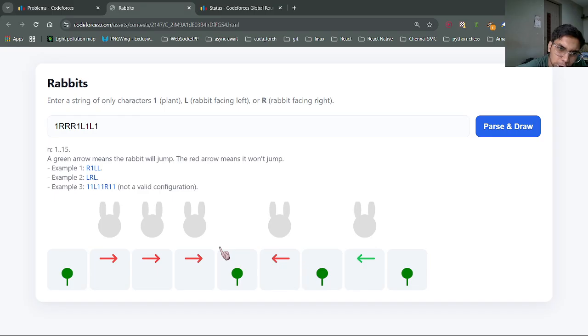What we should look forward to is RRR. If we get three of the same ones, basically, we need to, right?